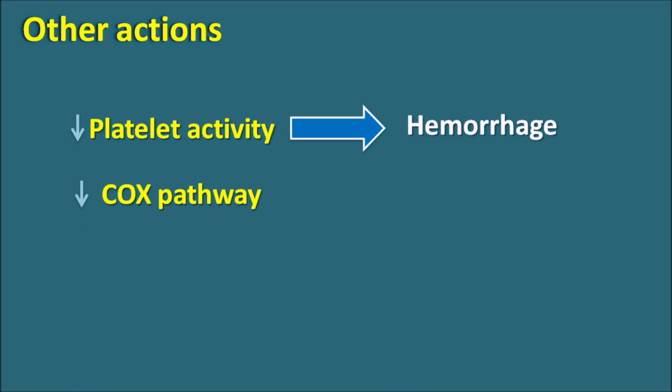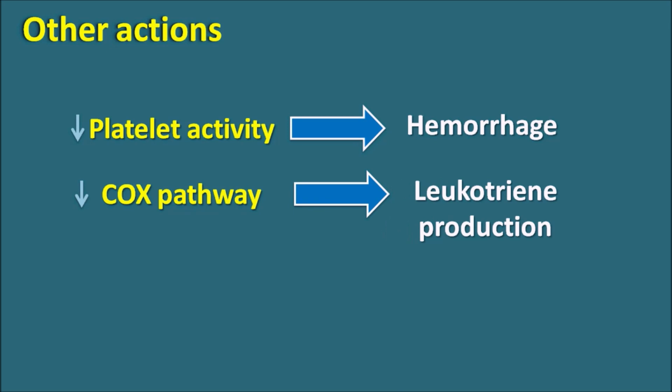We have seen that arachidonic acid is responsible for the generation of so many types of mediators, and among them the COX pathway is the important pathway which is responsible for the generation of the prostaglandins as well as thromboxane A2. But when this pathway is inhibited, other pathways are going to be more stimulated, resulting in the production of other mediators like the leukotrienes. So this is just like aspirin.